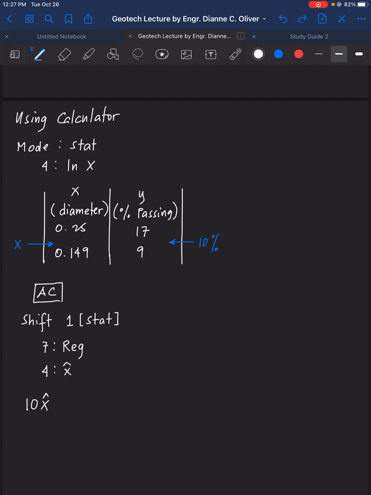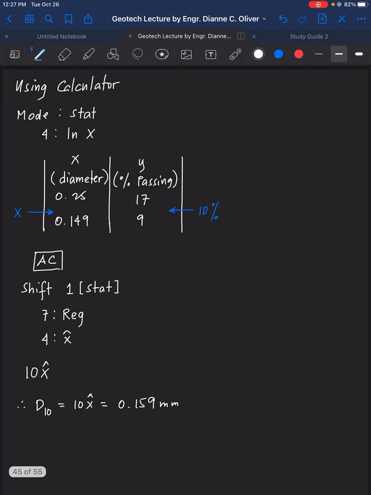So that is equals 0.159. Therefore, D10 equals 10 x bar equals 0.159 mm.